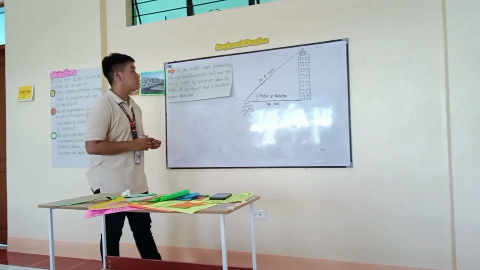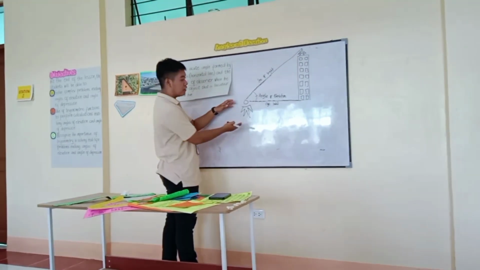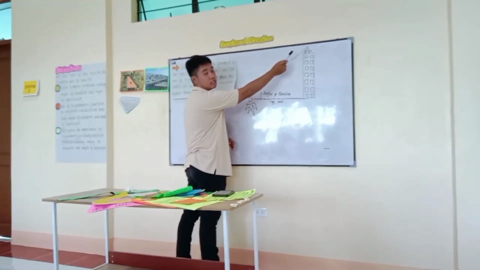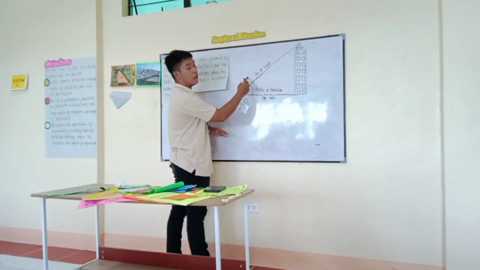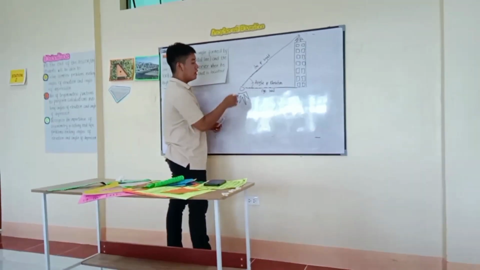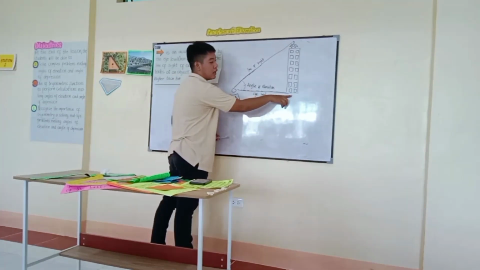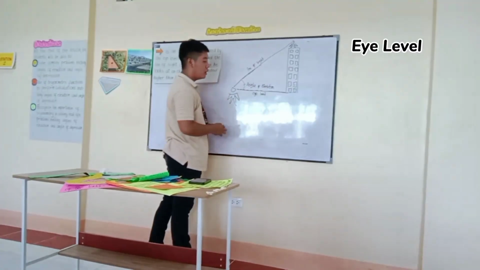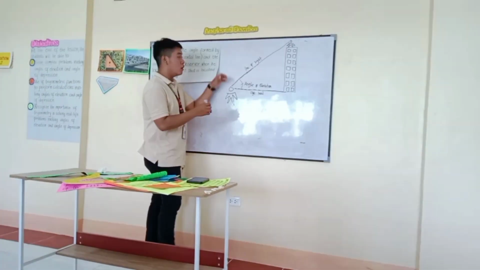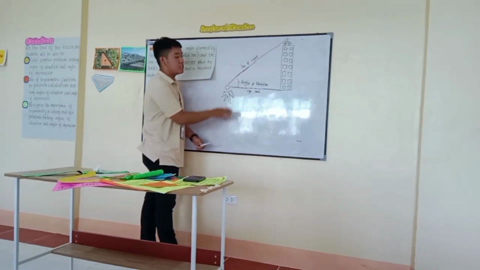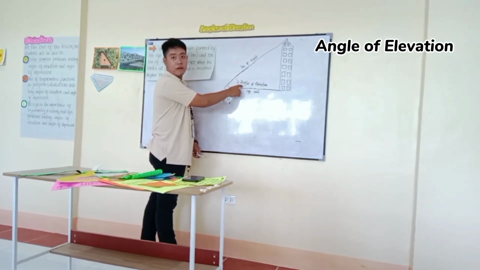For instance, Kim and Michelle. Kim is looking at Michelle up high. So it is called the line of sight. Then Kim's eye level is at the bottom of the building, it is called eye level. So the angle between the line of sight and eye level is called the angle of elevation.